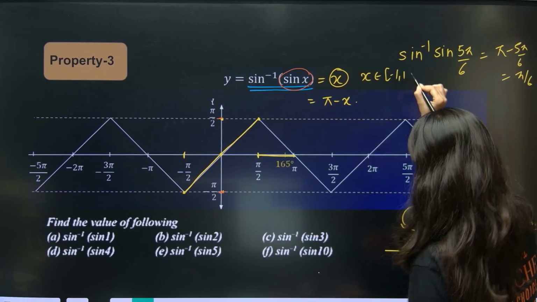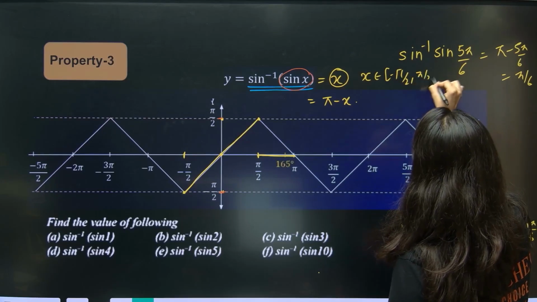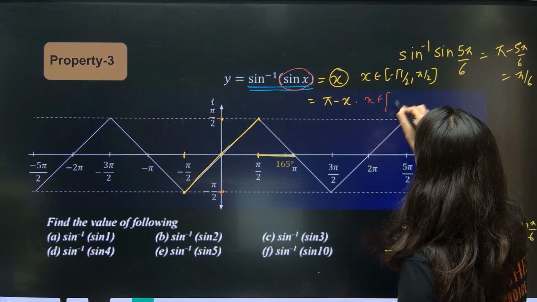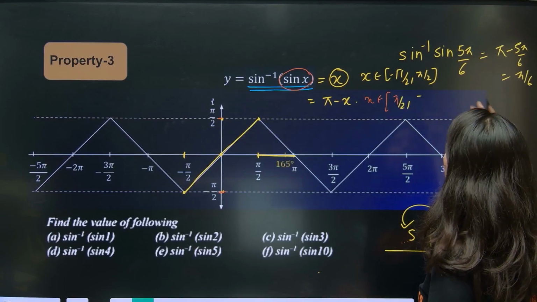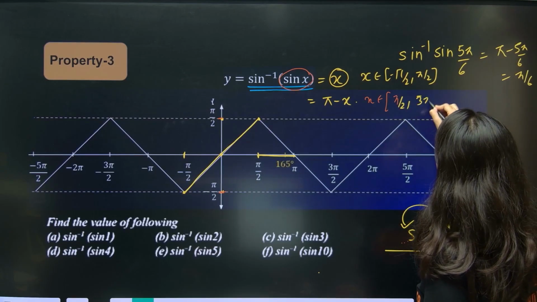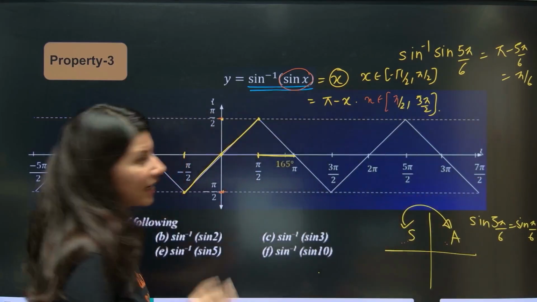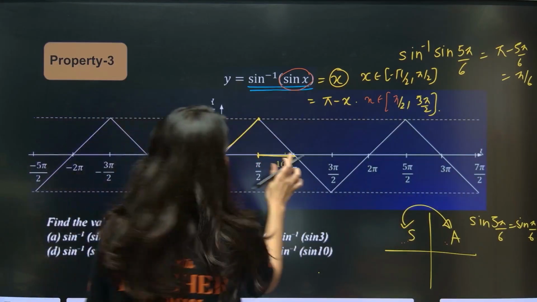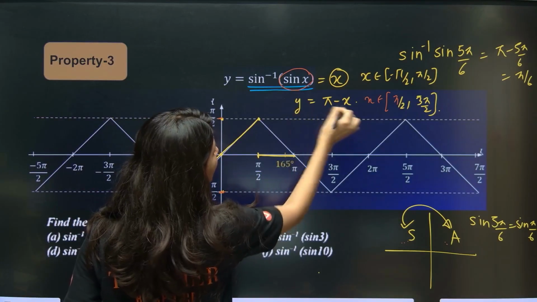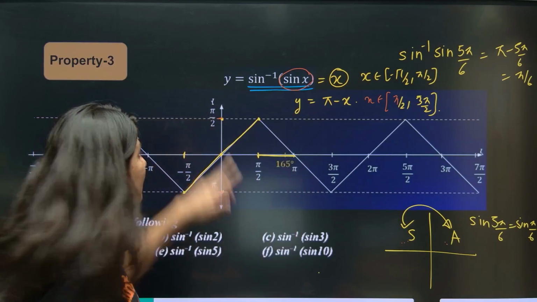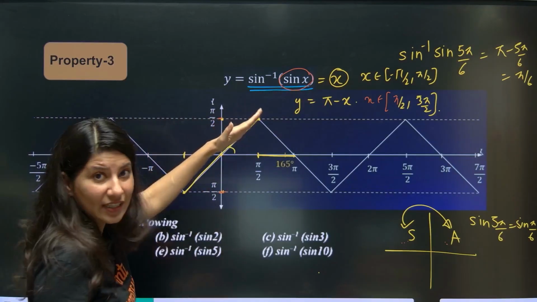This is for x belonging to minus pi by 2 to pi by 2. And this is for x belonging to the second quadrant, which is pi by 2, and the third quadrant also, which is pi by 2 to 3 pi by 2. With a single operation, second quadrant I am talking about. So this graph will be pi minus x. y is equal to pi minus x. Now understand, y equals x is this line which has a 45-degree angle.